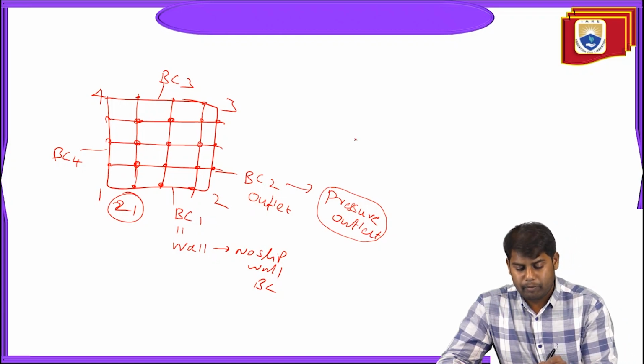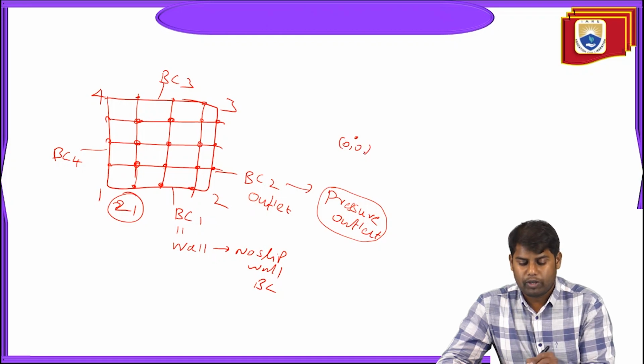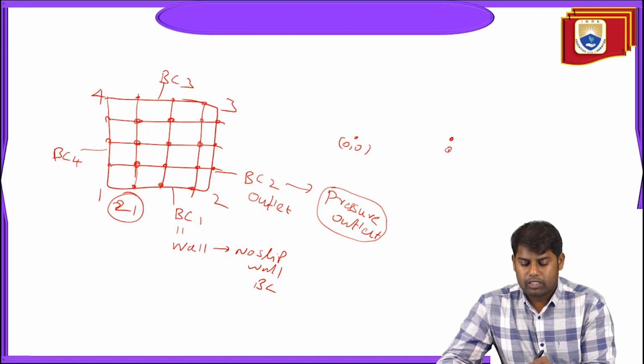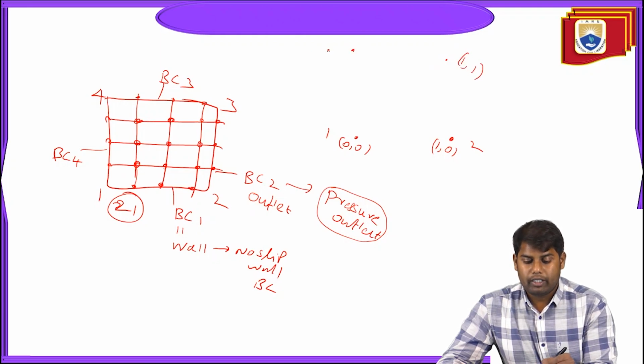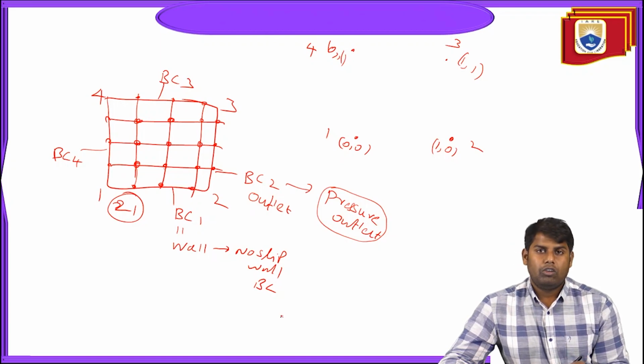Let me take this point as 0, 0. So this is the first point, and this one as 1, 0. So this is the second point. The third point would be 1, 1, and the fourth point would be 0, 1. So we have the 4 coordinates.